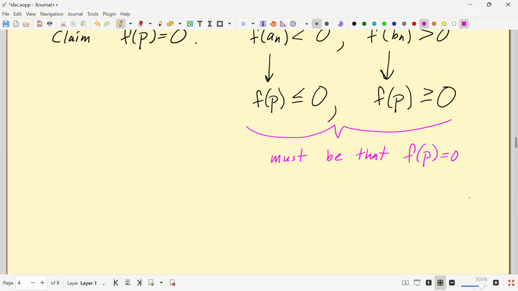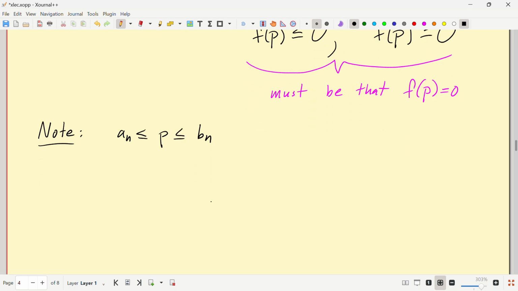I guess note, I kind of used the squeeze theorem here. I know that an is less than or equal to p is less than or equal to bn. And the distance between the an's and the bn's are tending to 0.